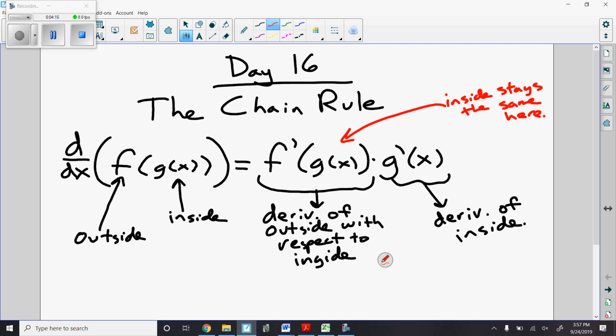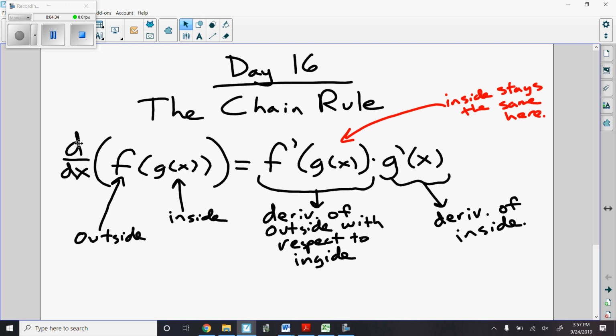Okay, so let's take a look at this as an example. And I'm planning on doing 1, 2, 3, 4, 5, 6 examples. And as we see these 6 examples, hopefully we'll start to get a little better understanding of how the chain rule works.